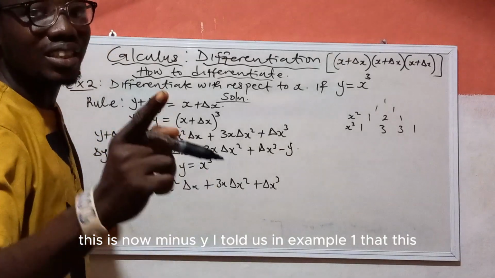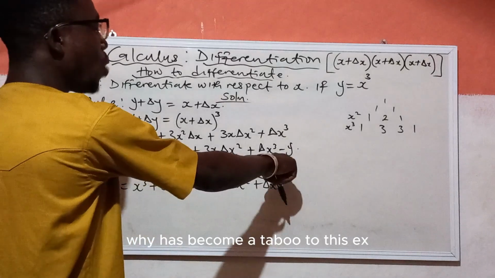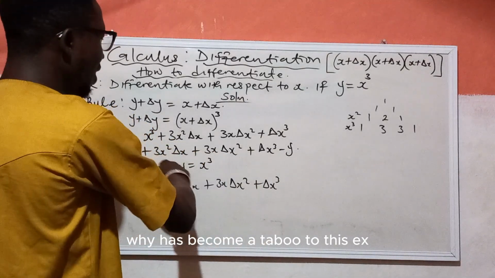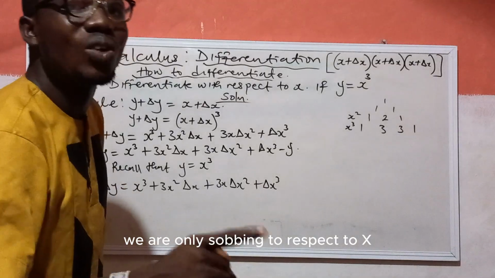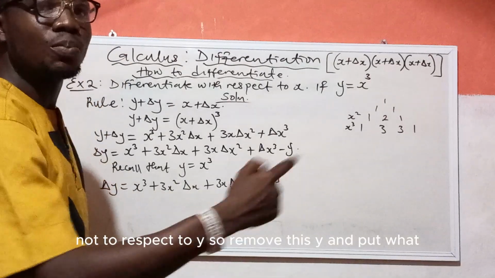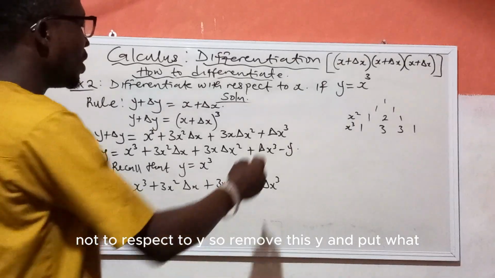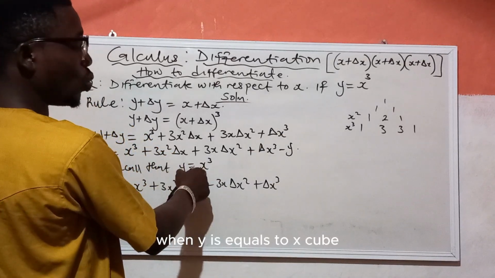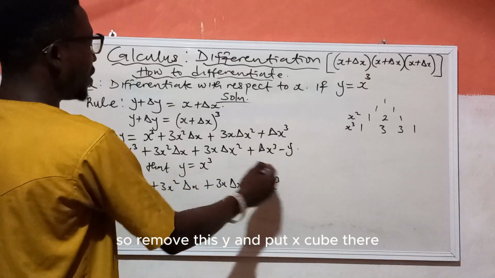I told us in example 1 that this y has become taboo to this x. We are only solving with respect to x, not with respect to y. So remove this y and put x cubed there, since y is equal to x cubed.